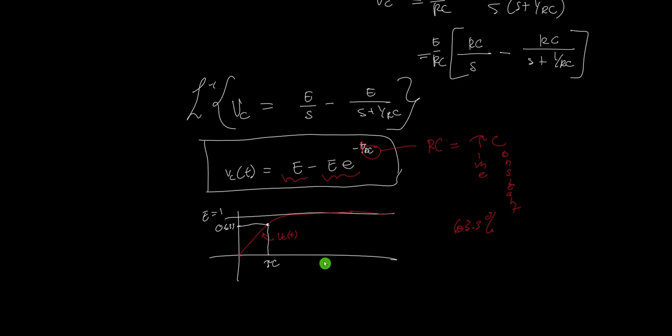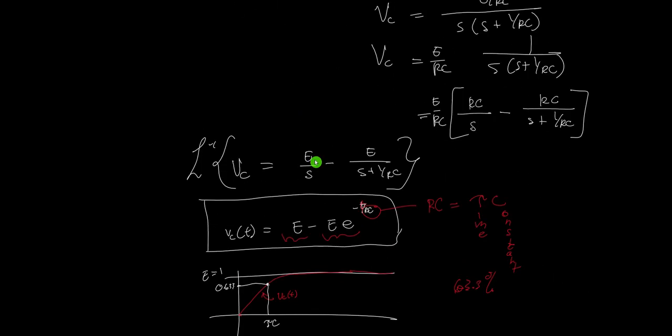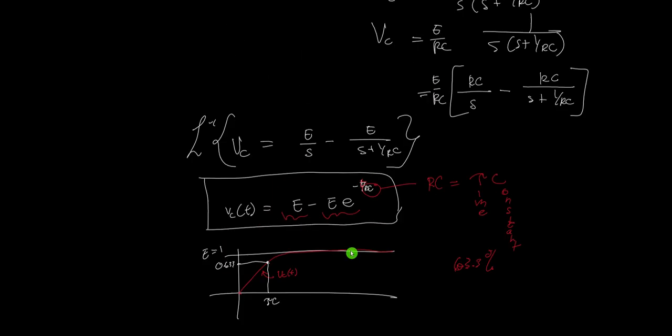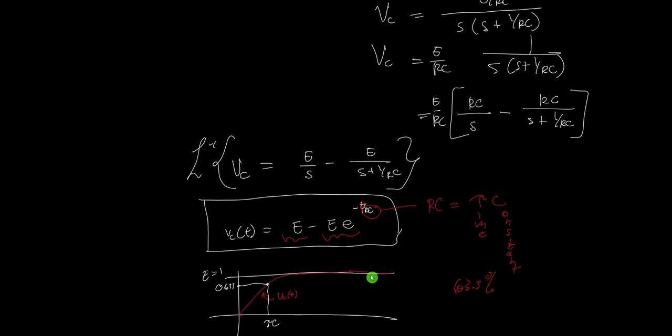For RL, the time constant is L over R. You can derive that by repeating the procedure here. For the voltage or the current, you substitute 63% into the input or the output, then solve for time. Whatever the time is, that will be the time constant of that response. Okay?